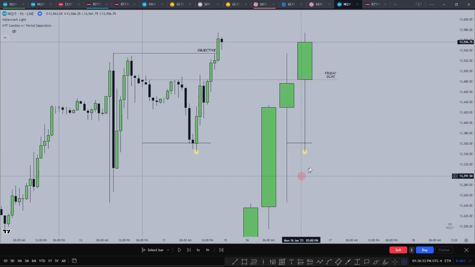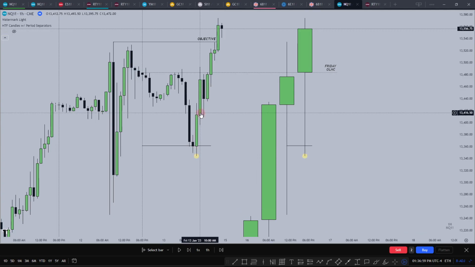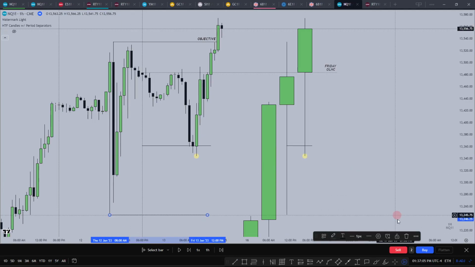EQ of previous day's range being respected. So you could still look to frame higher price displacing away from EQ of previous day's range. So I would not expect this low to get taken.